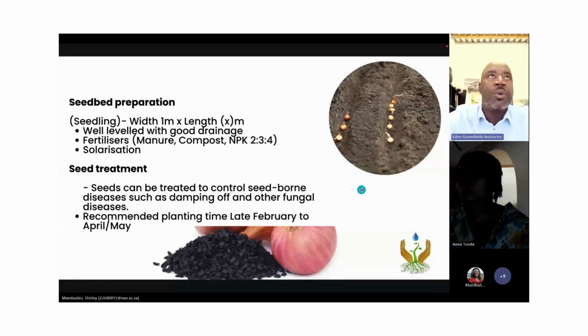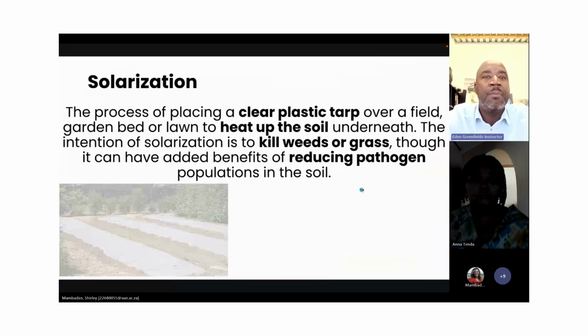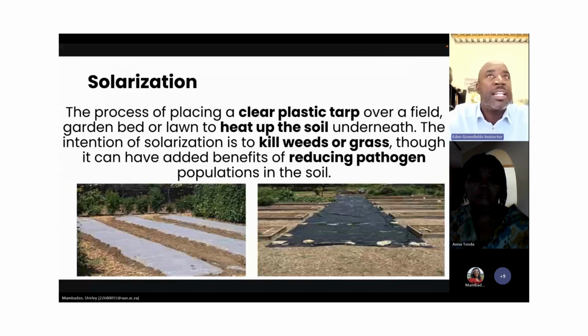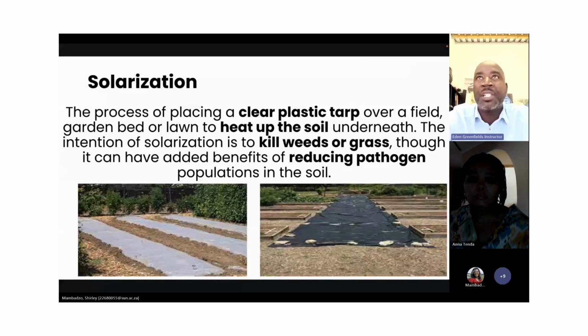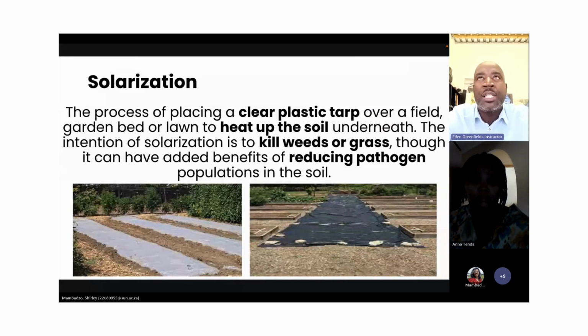All right, so I mentioned solarization. Solarization is a process whereby we use a clear plastic, a clear or translucent plastic. So what you do is you prepare your beds. After you've prepared your beds, put your manure.